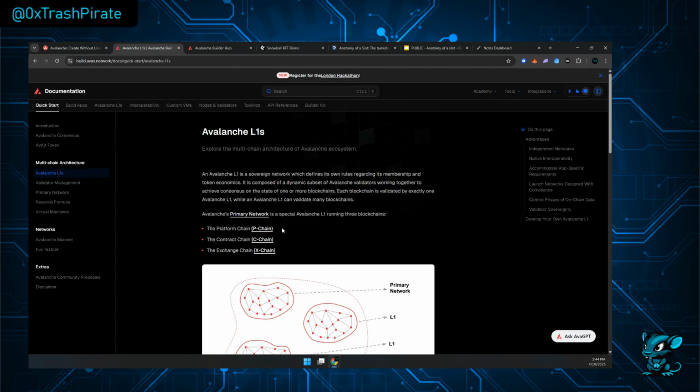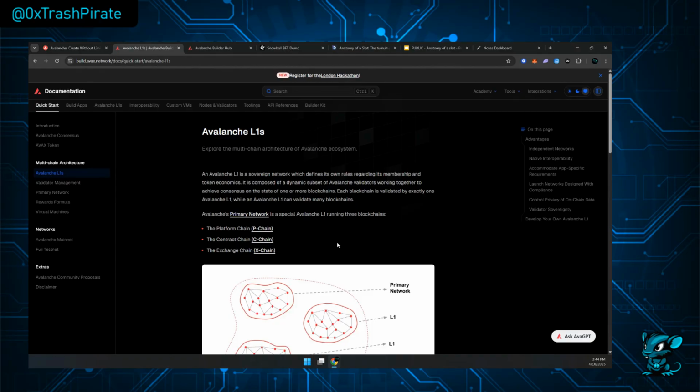The first is the platform chain, which is basically responsible for managing the validation. Then there's the C-chain, the contract chain, which is the chain that probably most people interact with, since smart contracts live on there. ERC20 tokens and such are all deployed on the C-chain.